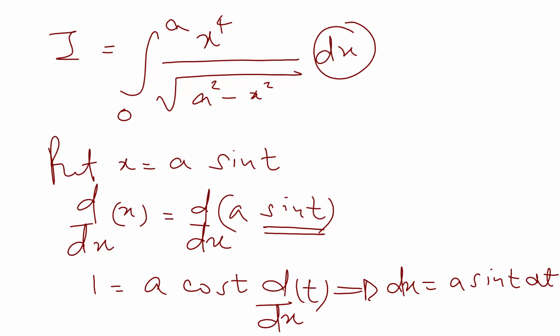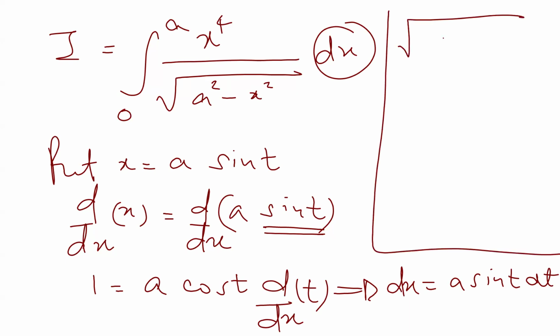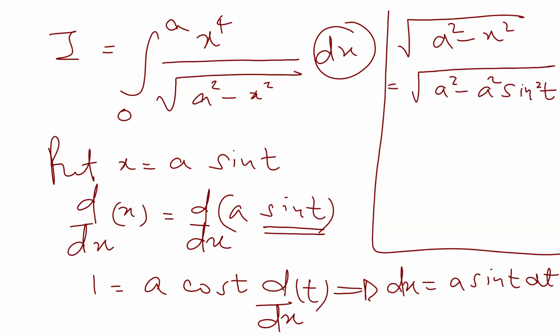So this is sorted. Also, we'll try to find out the value of root of a square minus x square. So root of a square minus x square is equal to root of a square minus a square sine square t, because x square will be a square sine square t.